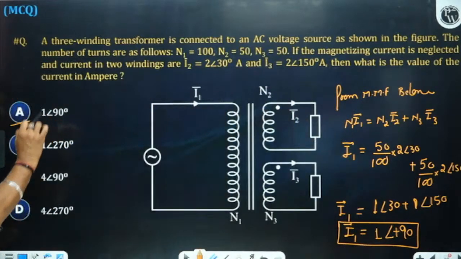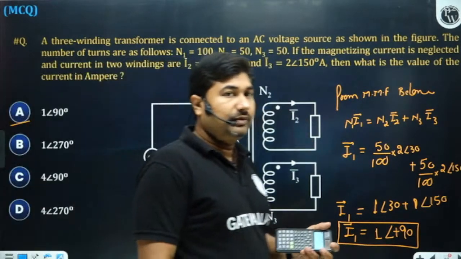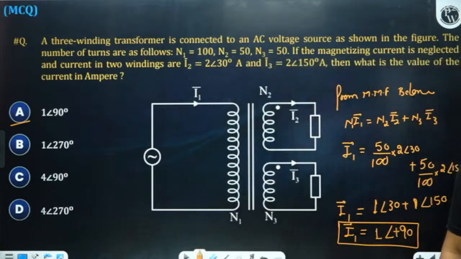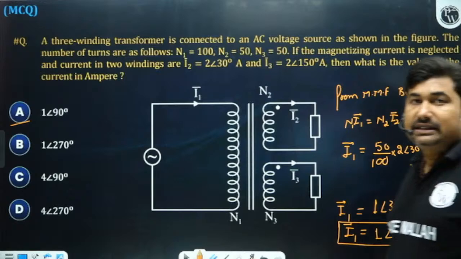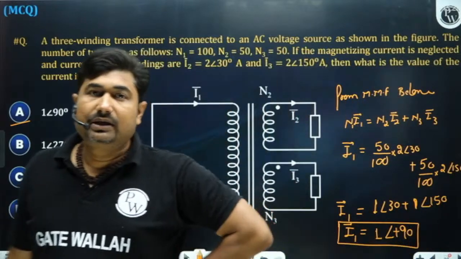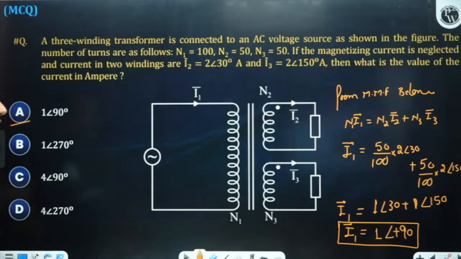One at an angle 90. How many of you are able to understand this part perfectly? You can also put it like this: cos 30 plus j sin 30, and this will be cos 150 plus j sin 150. Okay.